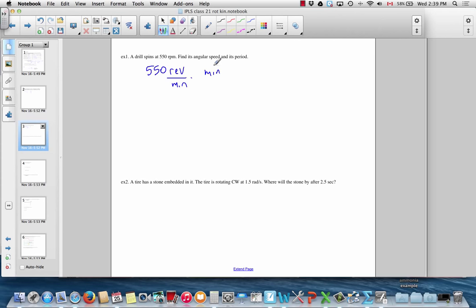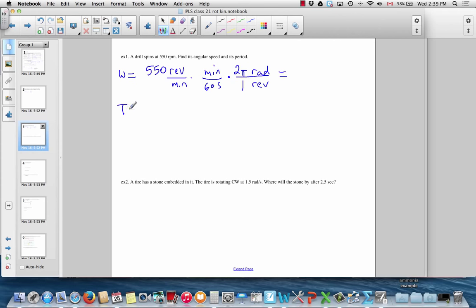Now, to put that in standard units, a minute is 60 seconds, so now we see that's 550 over 60 revolutions per second. Now, if we want its angular speed, that would be omega. And omega is not in revolutions per second, instead it's in rads per second. So now we need to say, well, what's the conversion between a revolution and a radian? Well, one revolution, or one full cycle, is just 2 pi radians.